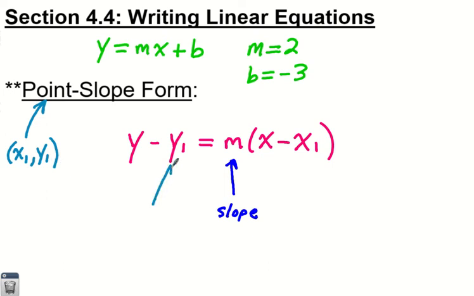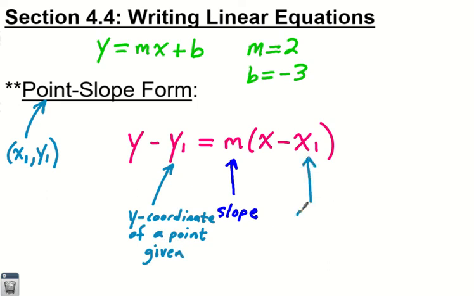So y1 would be the y-coordinate of a point given, and x sub 1 would be the x-coordinate of that point.